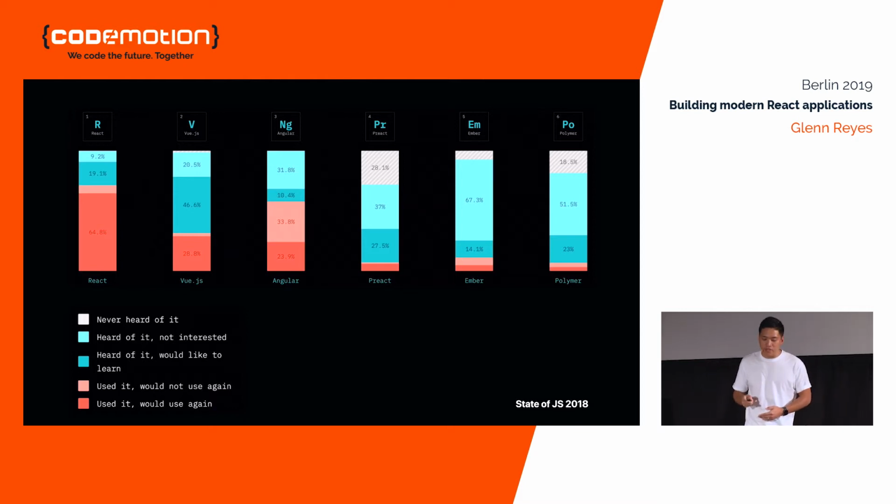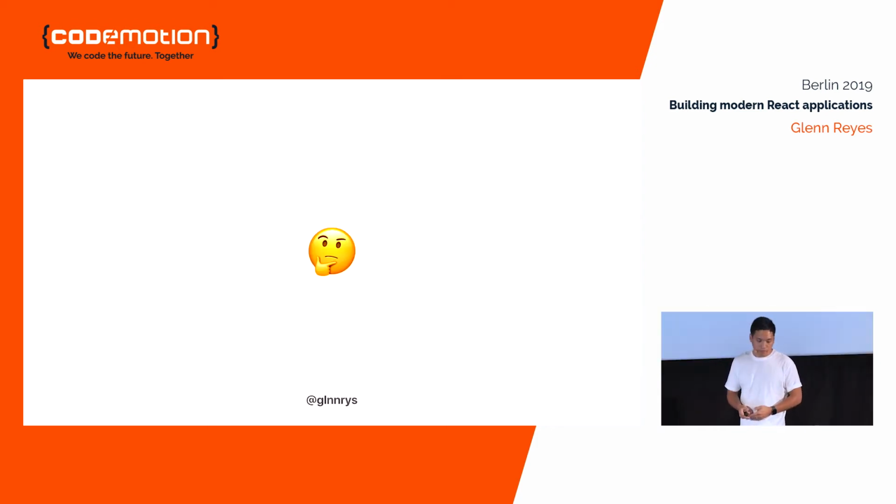It's a comparison of React and other popular front-end frameworks. You see the red bar, which shows people who are using it and would use it again, whereas the blue bar shows people who have never heard of it. React, you can see here on the left, is at almost 65%, so it's almost two thirds of people who used it and would use it again. It's actually quite amazing.